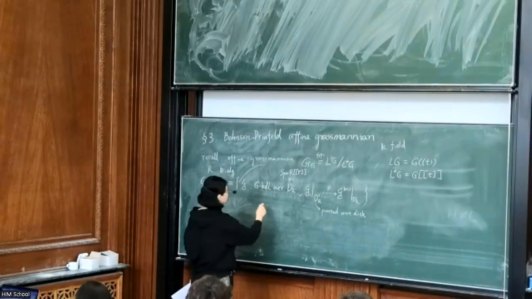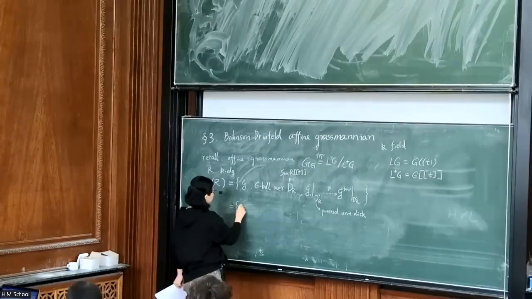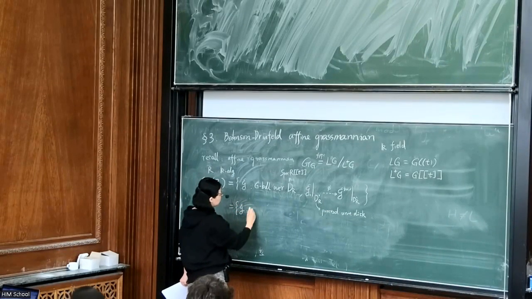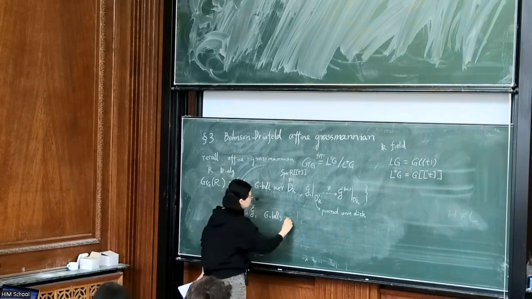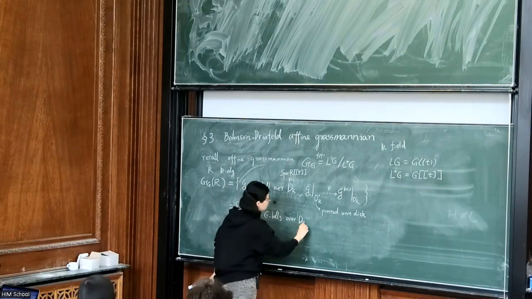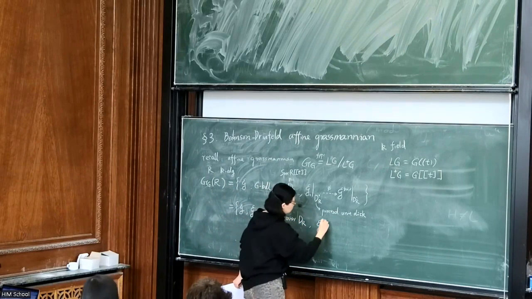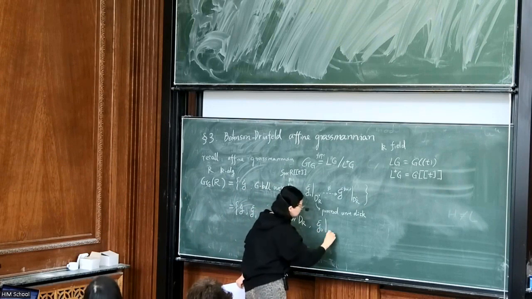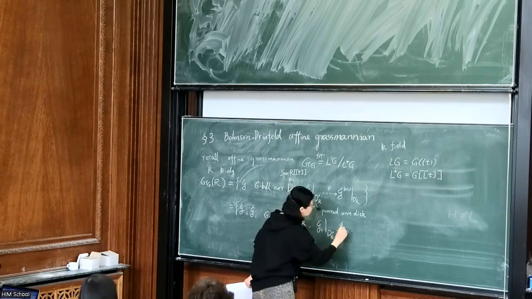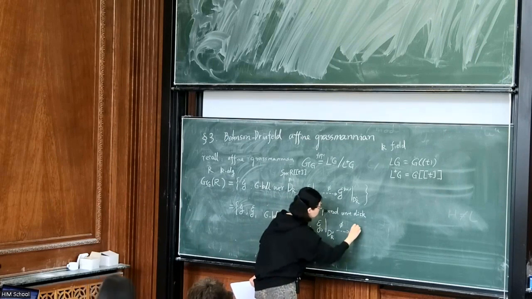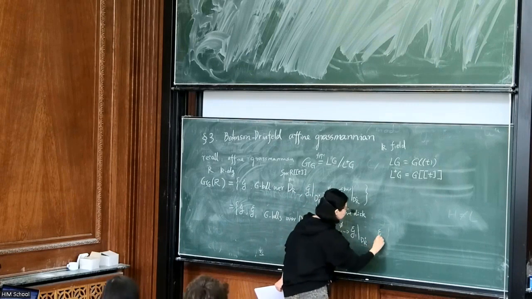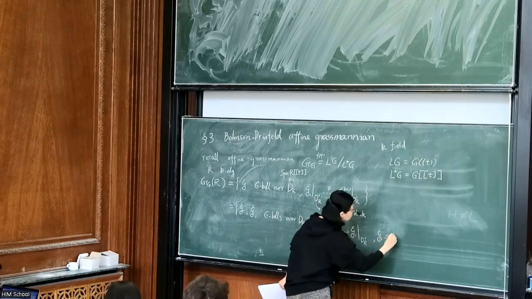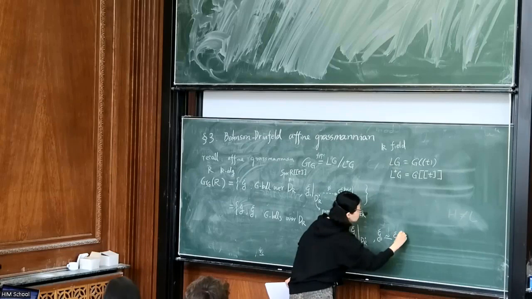And we can also write it in this way: we have a modification between two G-bundles and a trivialization of the second one with the trivial G-bundle.